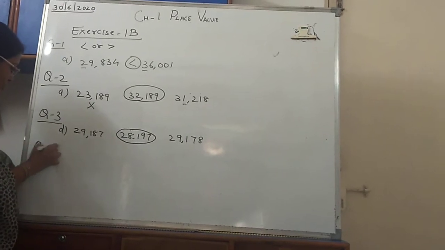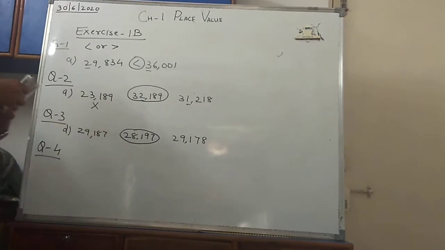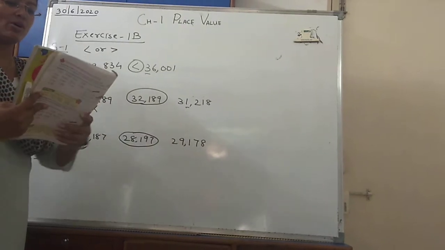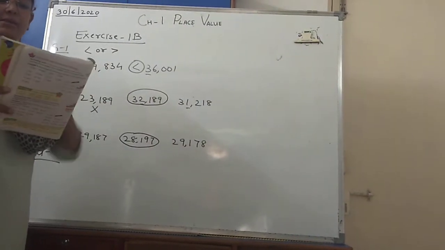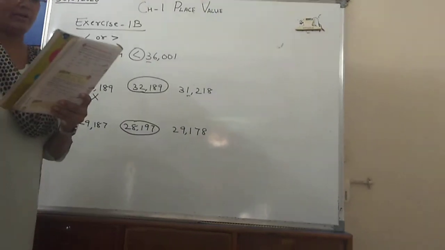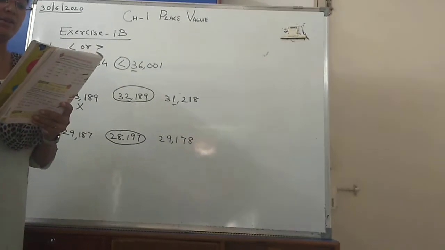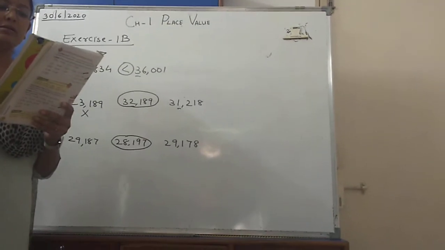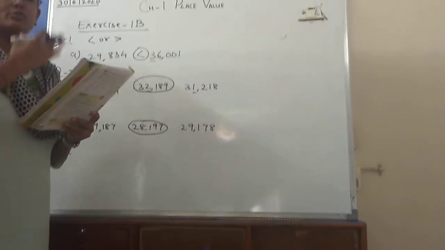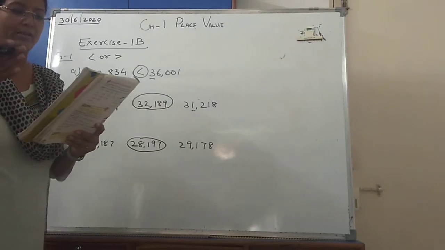Now question number 4. Let us see what is question number 4. Question number 4 is, this is a list of the distance covered by some of the longest train journeys in the world. Rearrange in ascending order. See, in the world, the train journey means when you travel from one place to another through train, that is called train journey, right?